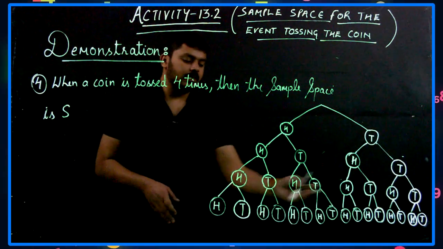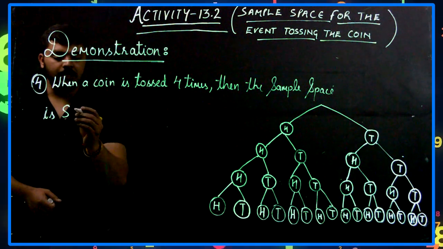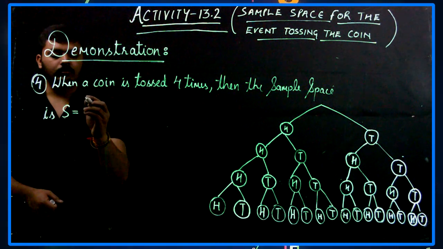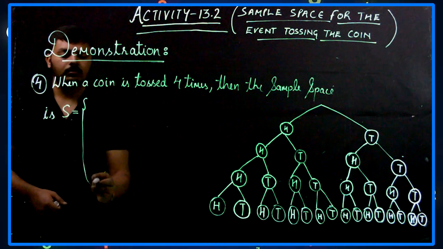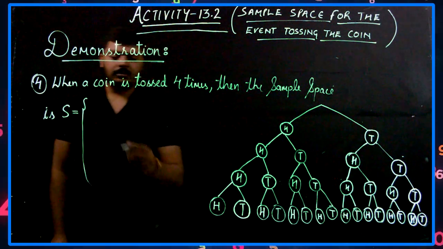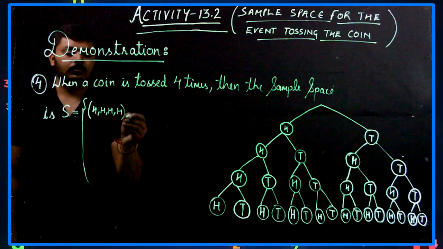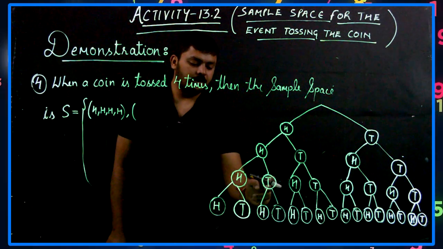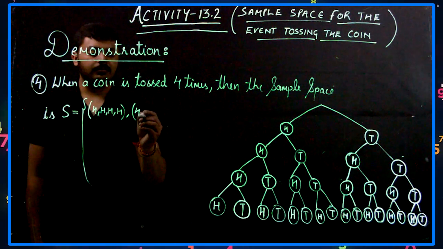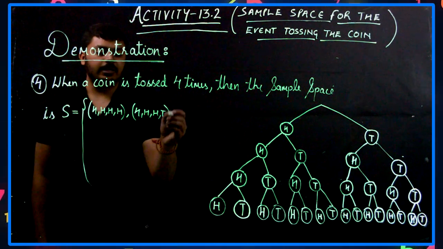So students, this is the tree structure when a coin is tossed 4 times. So the sample space S is equal to HHHH, that is 4 times heads, HHHT, 3 times head and 1 time tail.